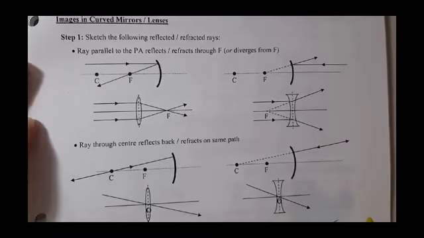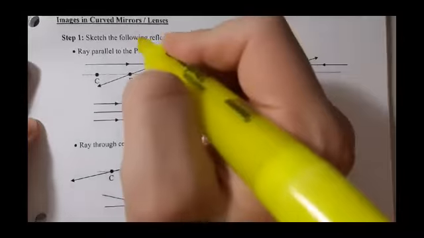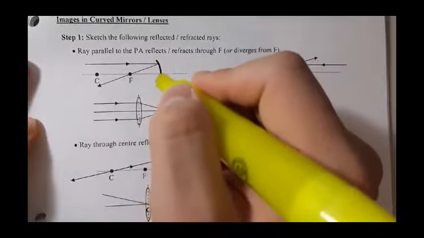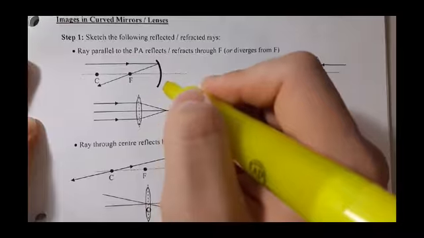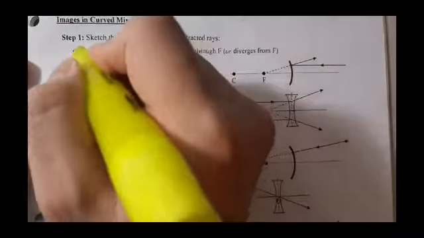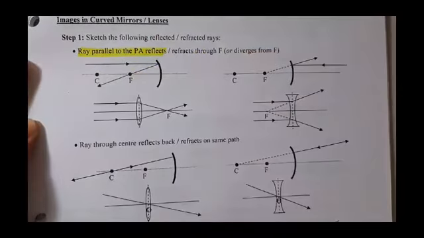So here's the thing. In a diploma exam, the dotted line in the middle, the exact center of the mirror or lens, is known as the principal axis. The first radiation you should draw always has to be parallel to the PA.